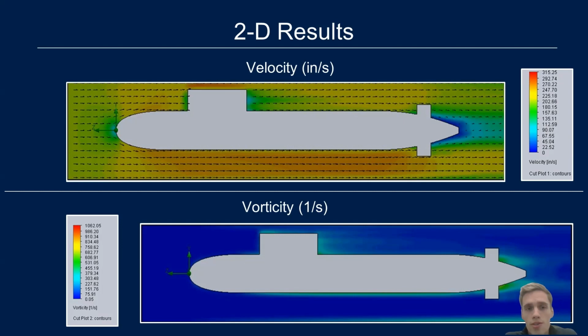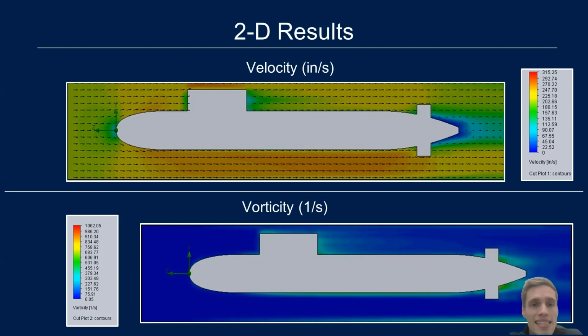Now, there's two major points here that I want to bring up, the first one being at the very bottom of the submarine here. We can see that there is a considerable amount of vorticity generation that happens after the curve becomes flat, shortly after the flat part starts there. This change in geometry or shape can induce complex flow patterns, which result in this vorticity generation.